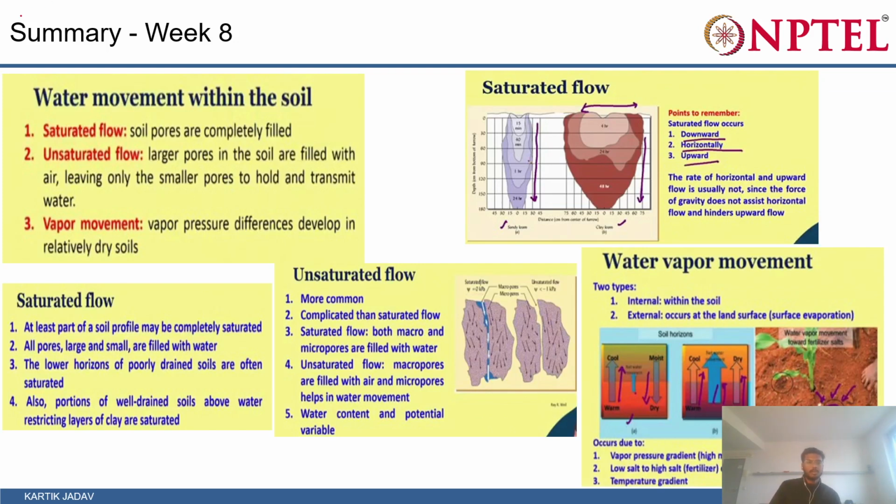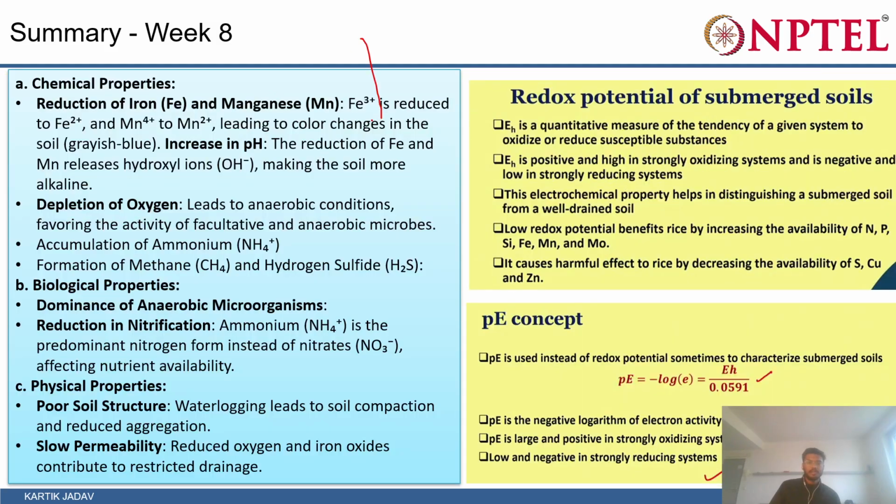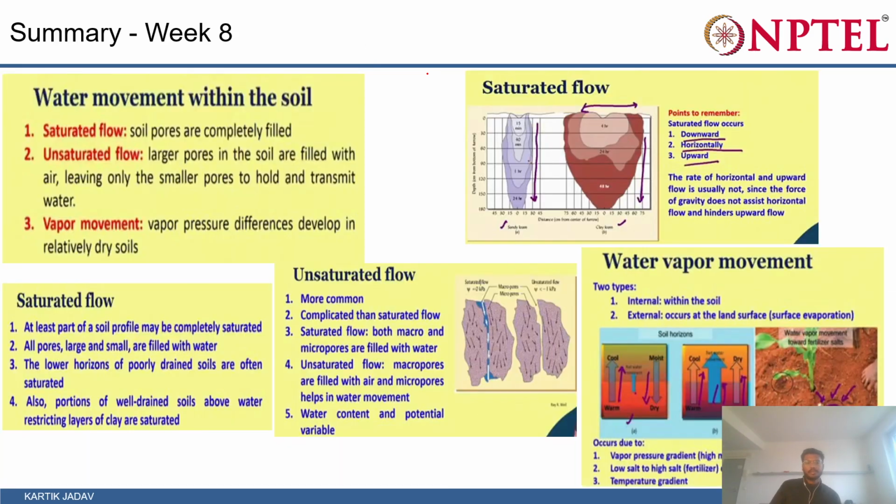Then we talked about water movement within soil. Understanding of drainage will come only if you have a proper understanding of how water infiltrates into the soil, what the parameters are like soil water content, soil water head or matric potential, how it relates at different soil moisture contents, the soil moisture characteristic curve, and how we can measure soil hydraulic conductivity in the field.